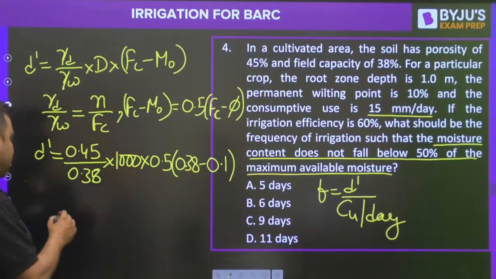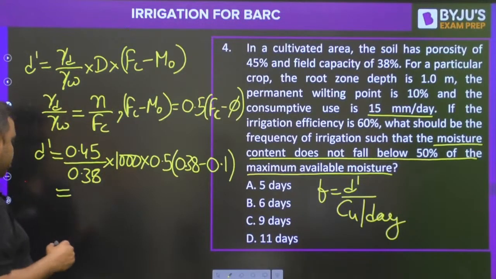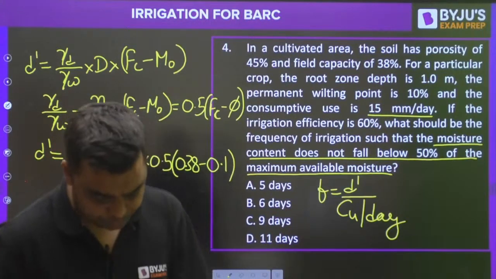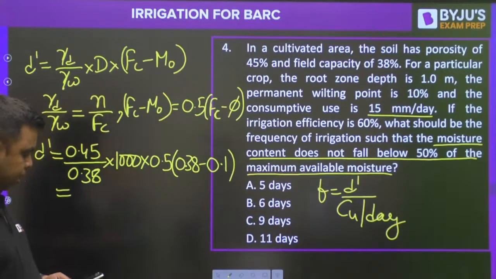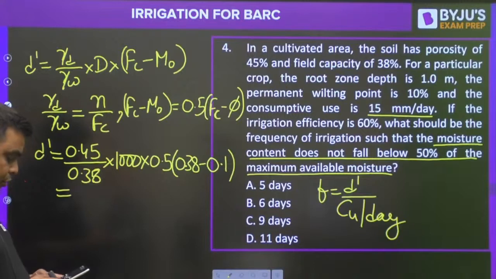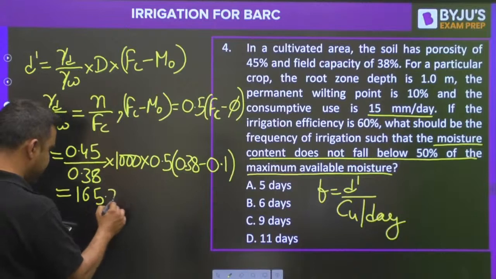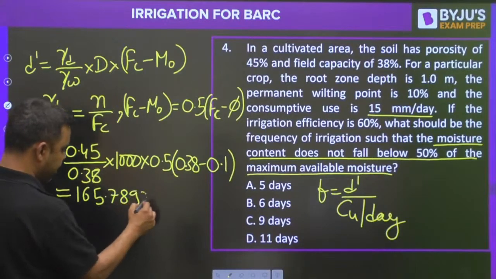So the value is 0.45 divided by 0.38 into 1000 into 0.5 into 0.38 minus 0.1. This would be 165.789 mm.